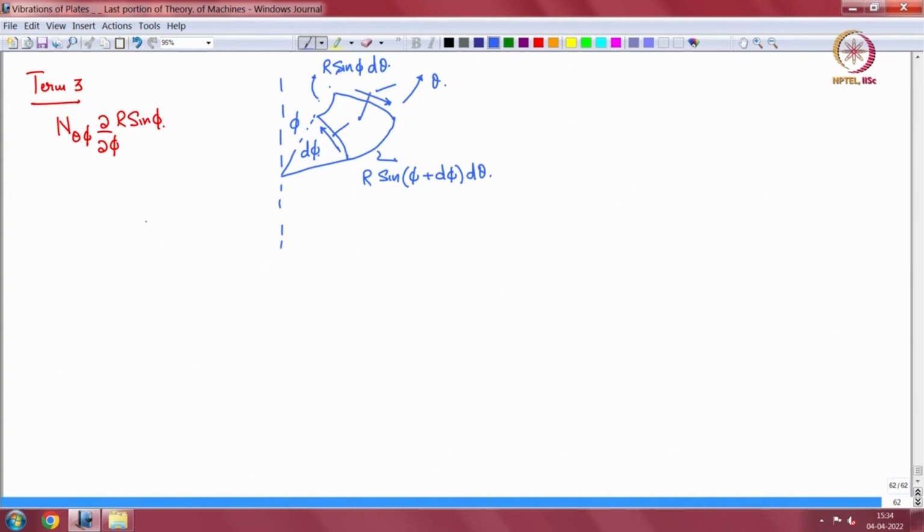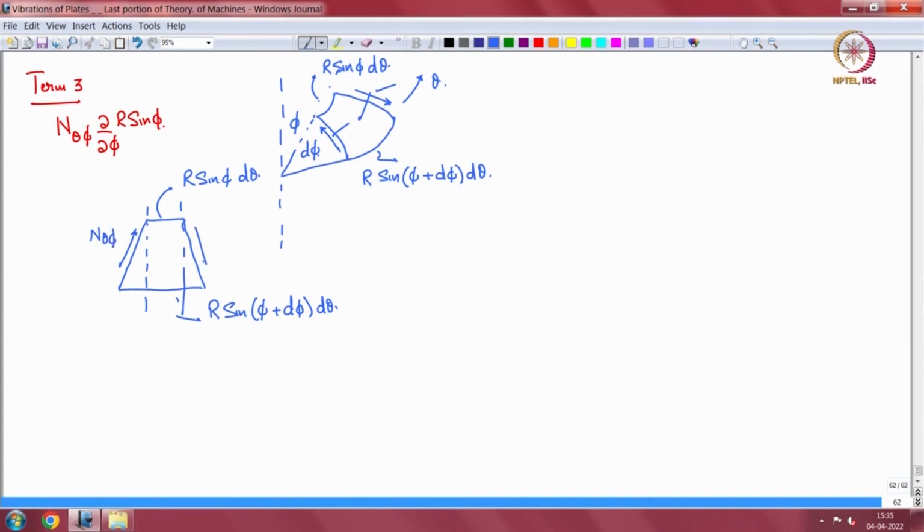If you look at it from the top, it looks like this, where this length is r sin phi d theta, and this length of course is r sin phi plus d phi d theta, and the force on the left is in the negative direction, which is n theta phi.